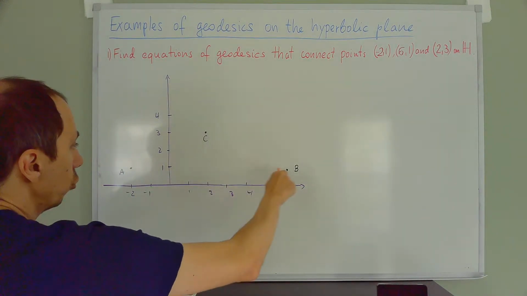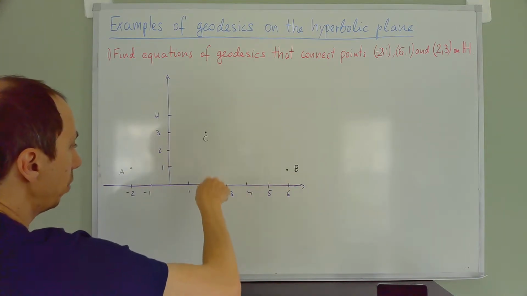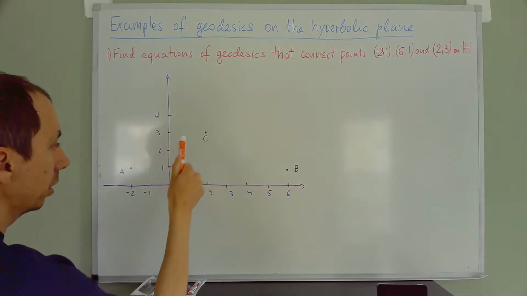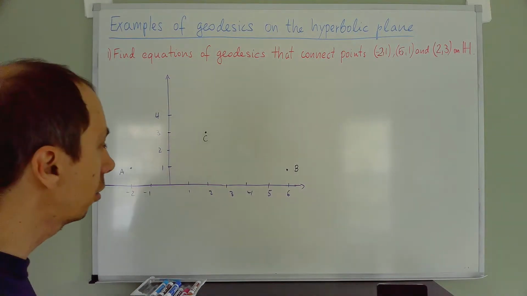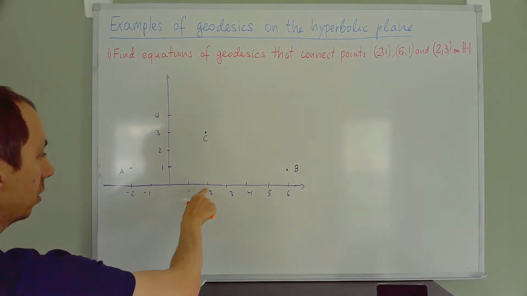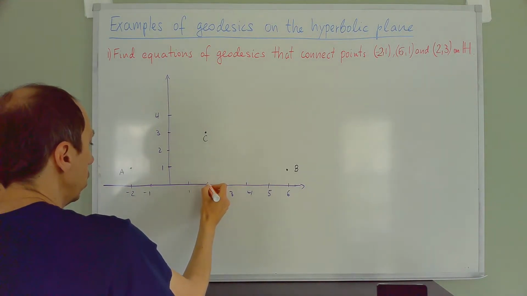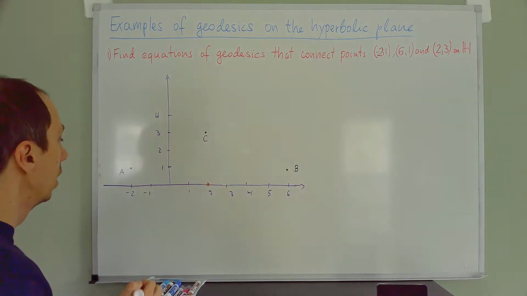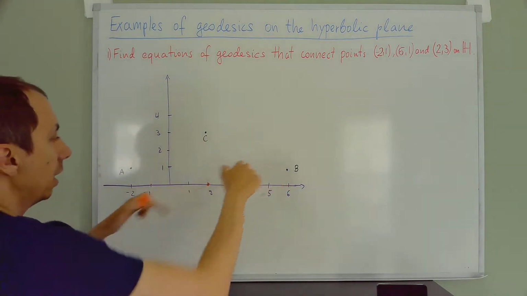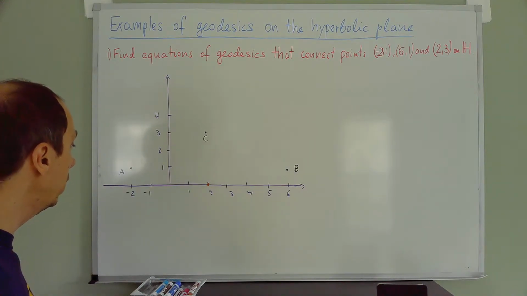If I draw a line segment between these two, find the midpoint, and look at the perpendicular bisector and see where it intersects the x-axis, it's clear that it's going to be 2. This point, 2, 0, is clearly the point whose distance from A is equal to the distance from B.